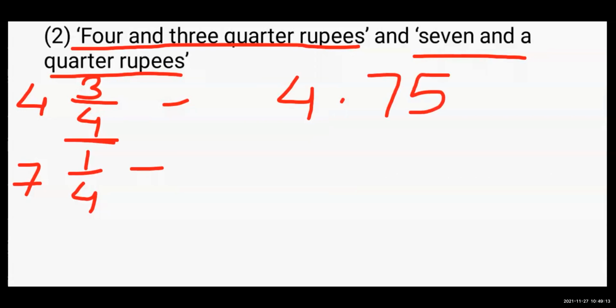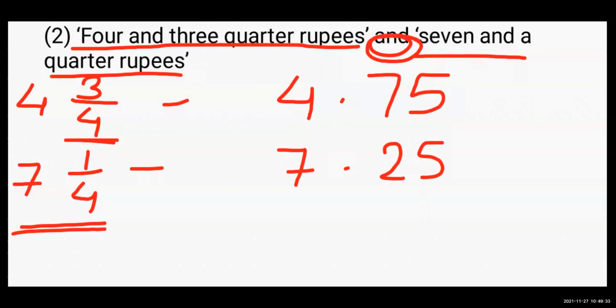Now next we'll see this question, that is 7 and a quarter, 7.25. Now 7 means whole 7, then a quarter. Then what do we have to do? Add this symbol, and. What does and mean? Plus. And in the question also it is given you have to add it. Now we'll add.